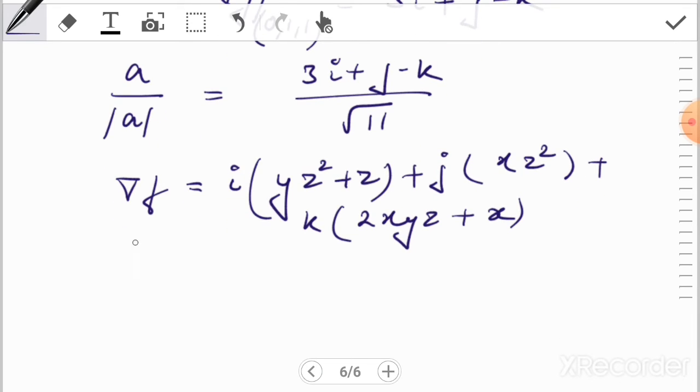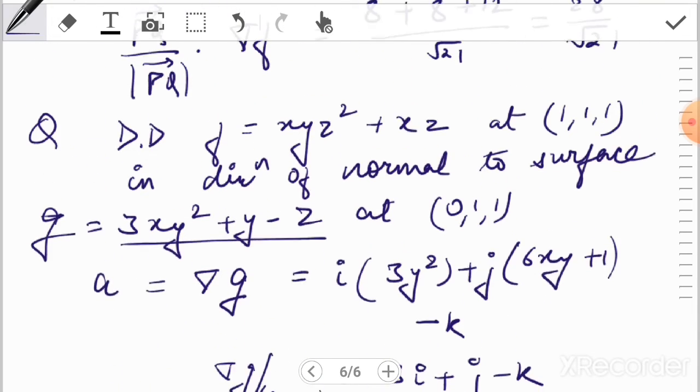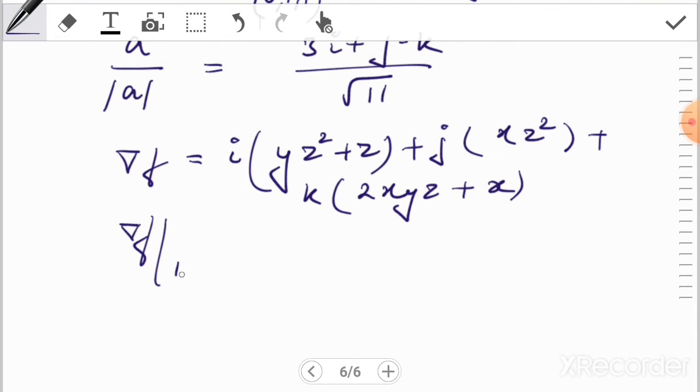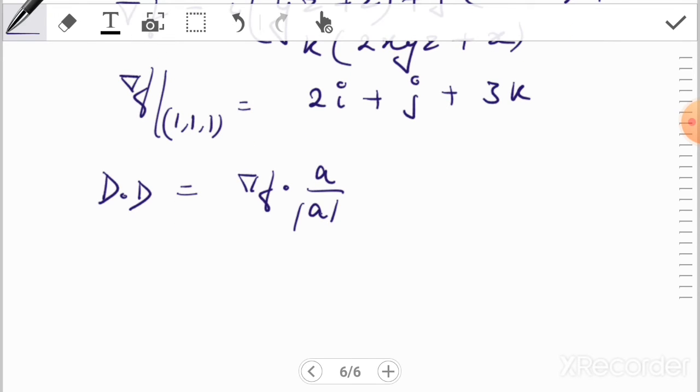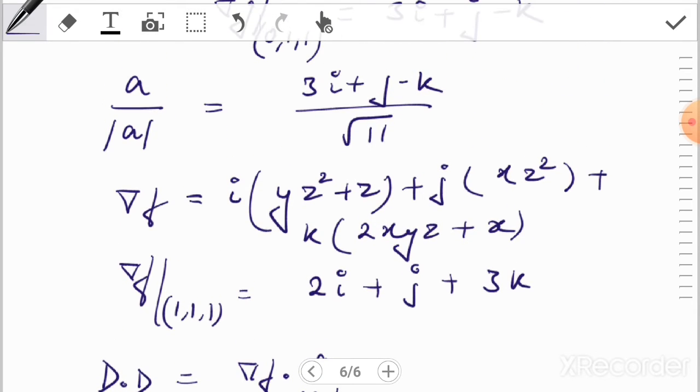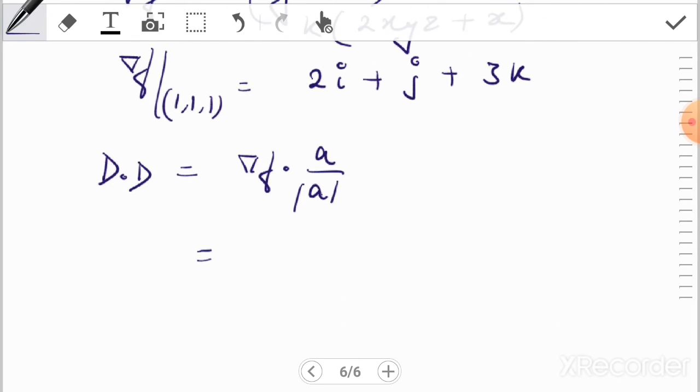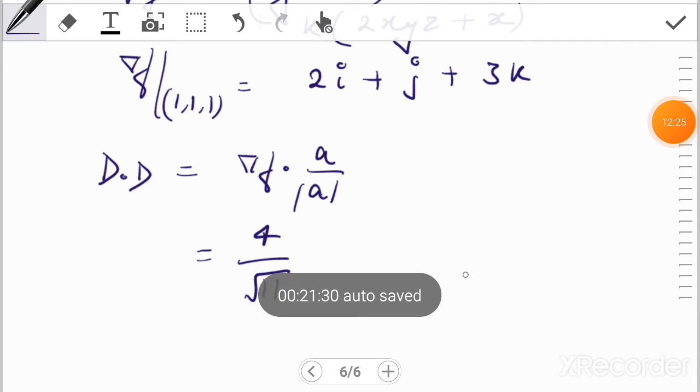So del f at the given point (1, 1, 1) will be equal to 2i plus j plus 3k. So directional derivative is del f dot the unit normal, right? So we have 6 plus 1 minus 3, 7 minus 3, that is 4 by root under 11. Okay.